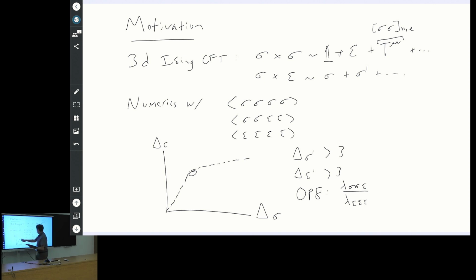So, by pushing this approach further, we've gotten quite precise determinations of delta sigma and delta epsilon.